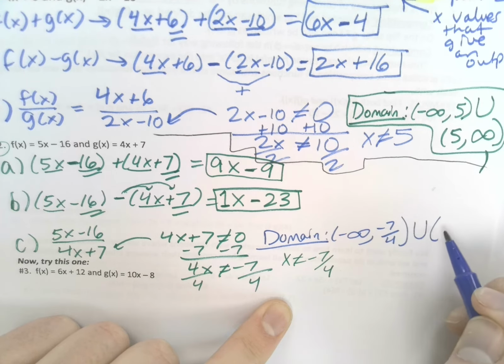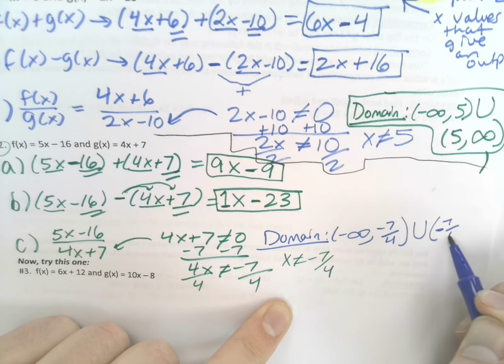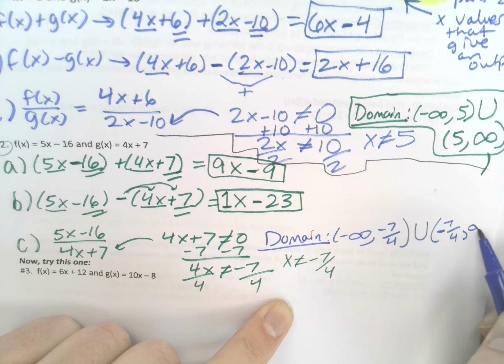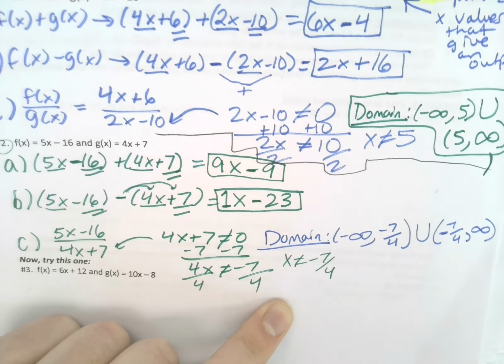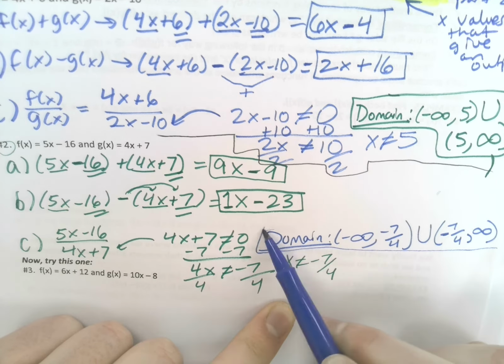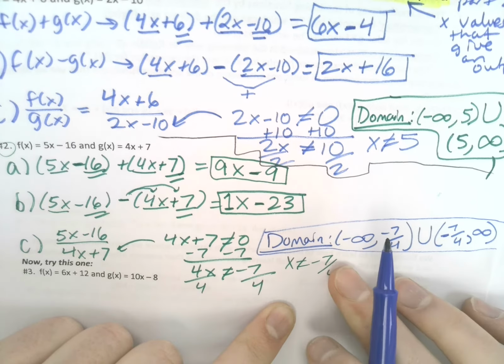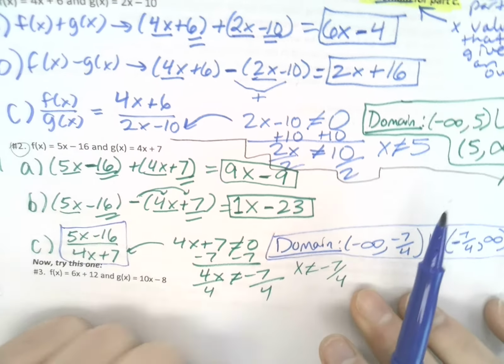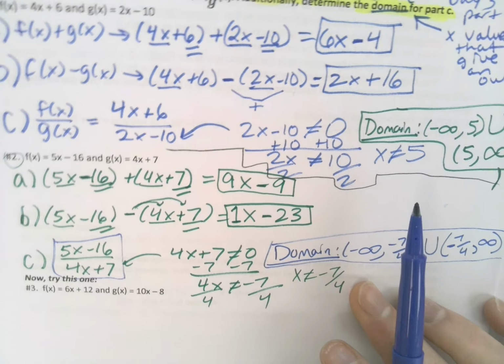Unioned with, parenthesis, once again, negative 7 over 4. So we stop right before, then jump over it, and then we head to infinity. So that would be our domain. Yep. There's our division.